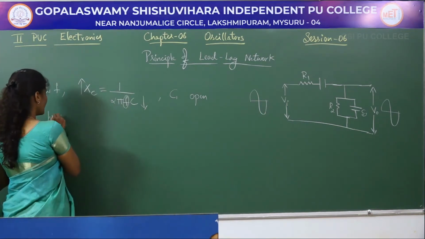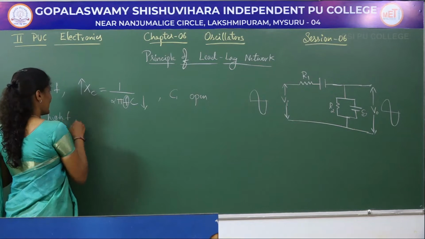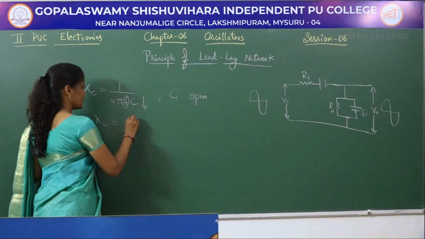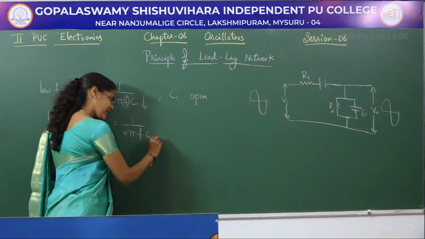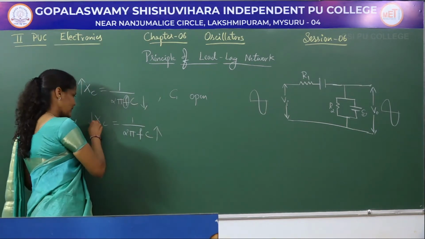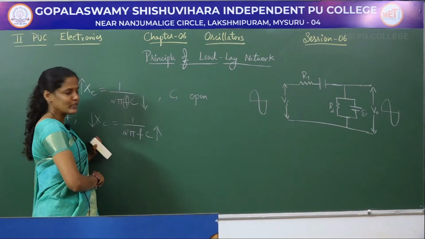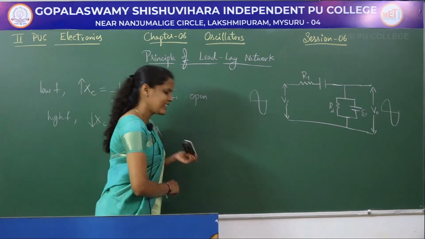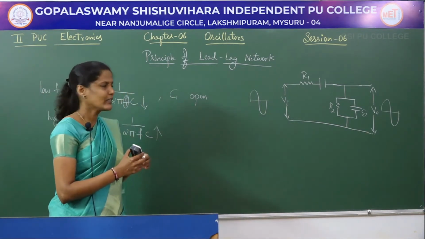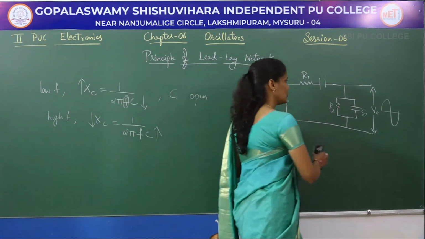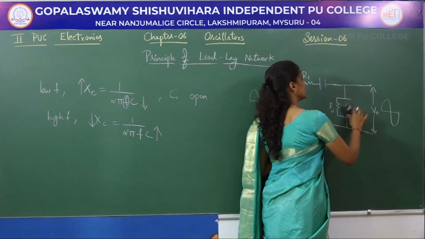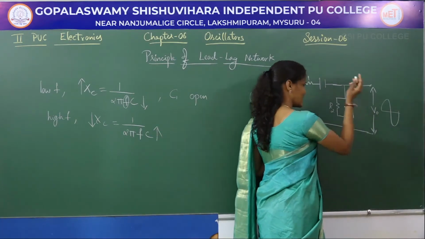For high frequency signals, for higher F, Xc is equal to 1 divided by 2 pi Fc. So for high frequency signals, Xc will be low, that is the capacitive reactance will be low. When the capacitive reactance is low, it will not offer any opposition, so C2 will act like a short circuit.